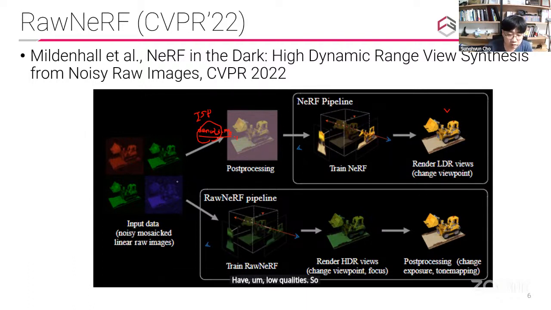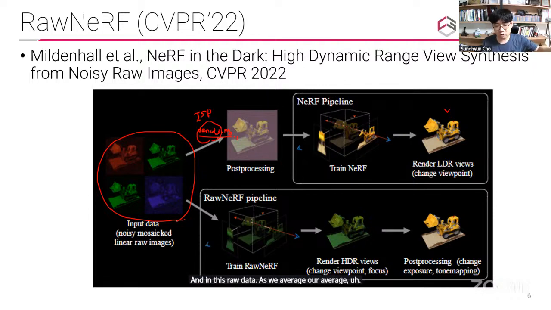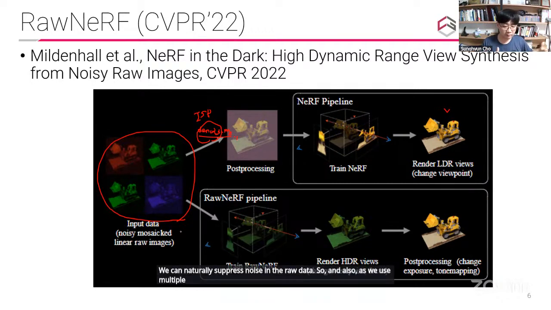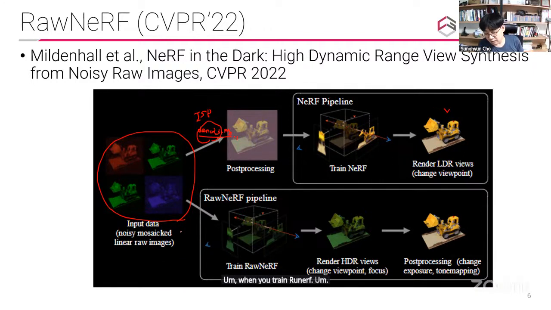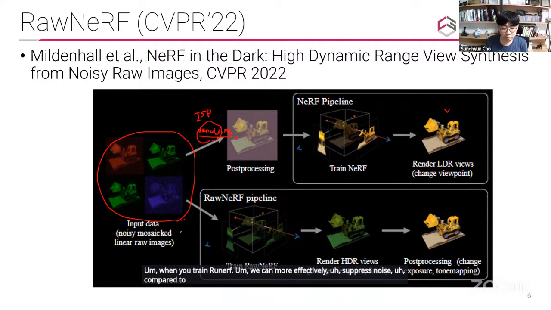Instead, in this RawNeRF pipeline, we directly use the raw data, and as we average complementary information from multiple views, we can naturally suppress noise in the raw data. Also, as we use multiple images when you train RawNeRF, we can more effectively suppress noise compared to single image denoising.